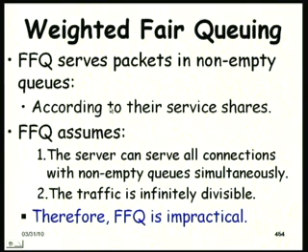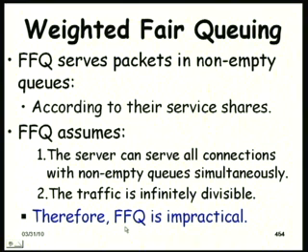So, it serves packets according to their service shares, and there are two main assumptions. The first is that the server can serve all connections with non-empty queues simultaneously, the n packets each with 1 by n if there are equal reservations, or depending on the phi. Another assumption is that the traffic is infinitely divisible, but we know that packet sizes are discrete.